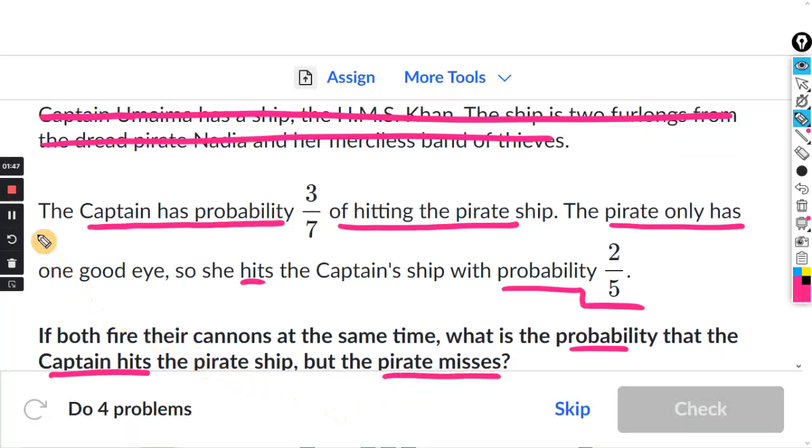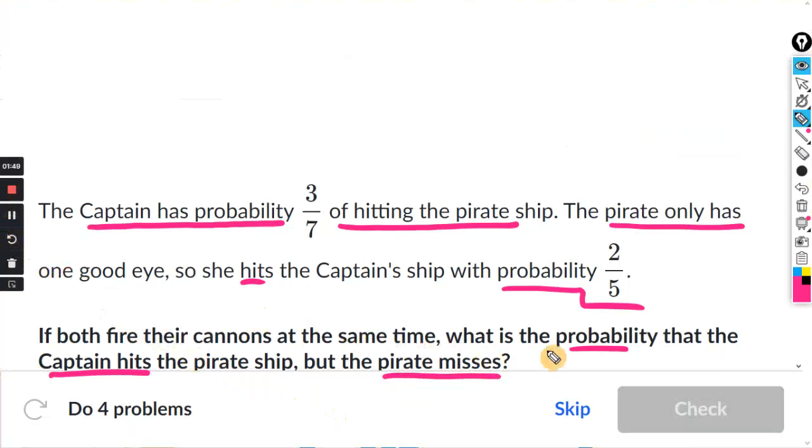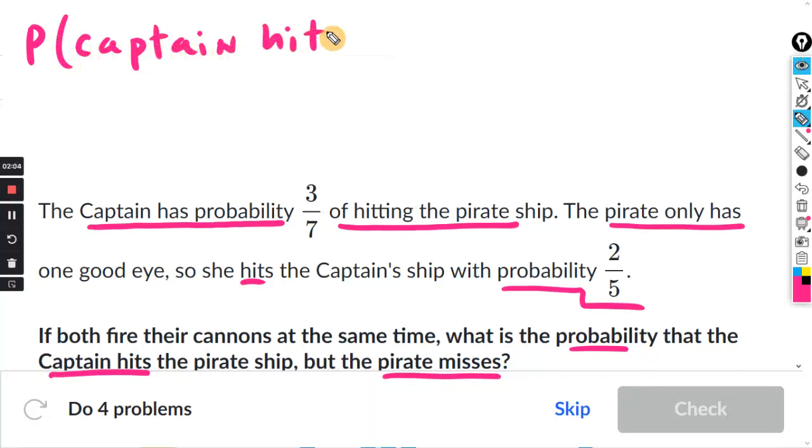All right, let's see. Probability that the captain hits times the probability that the pirate misses.